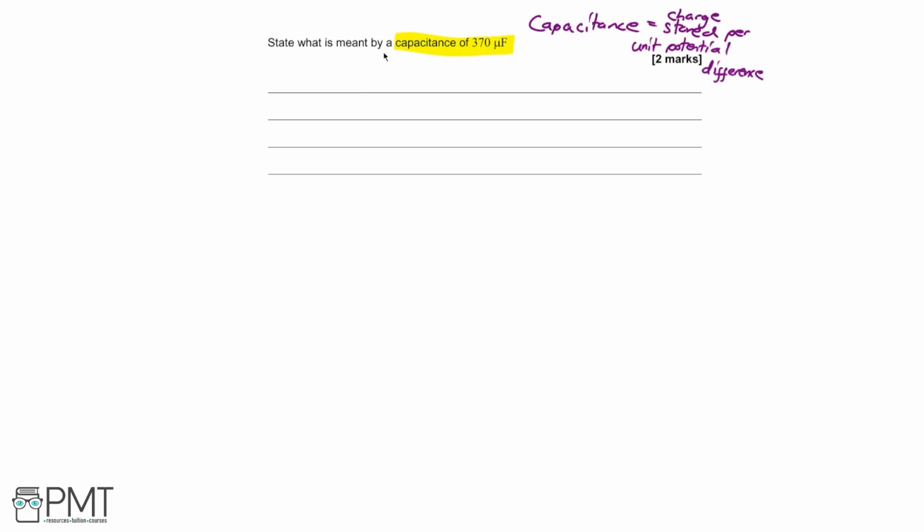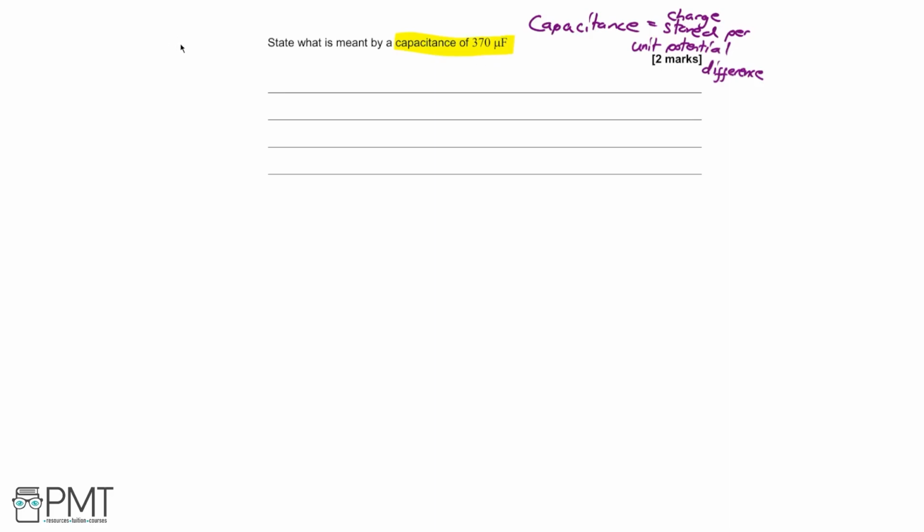Whenever a question asks you to explain a specific capacitance, in other words, a capacitance that has a specific value, in this case 370 microfarads, you need to relate it specifically to the units involved in this definition. Specifically, this means that 370 microcoulombs of charge could be stored for every 1 volt of potential difference across the capacitor.